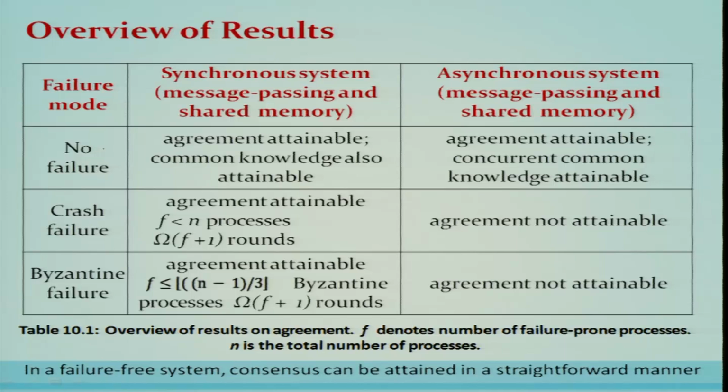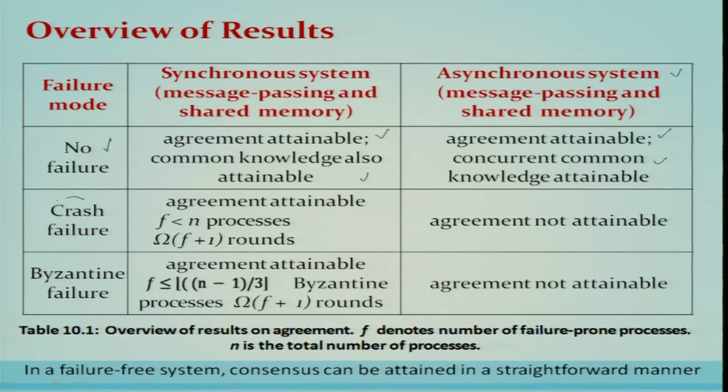So if the failure model is no failure, in the synchronous model the agreement is attainable and common knowledge is also attainable. If it is an asynchronous message passing and a shared memory system, then agreement is attainable and also concurrent common knowledge is attainable.